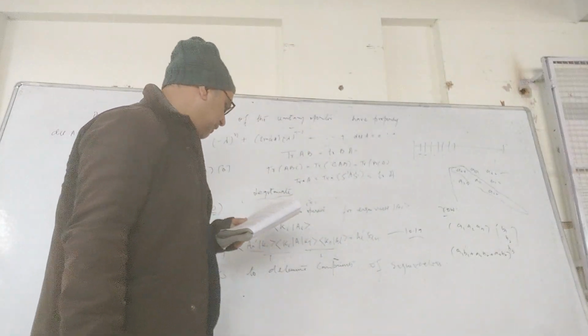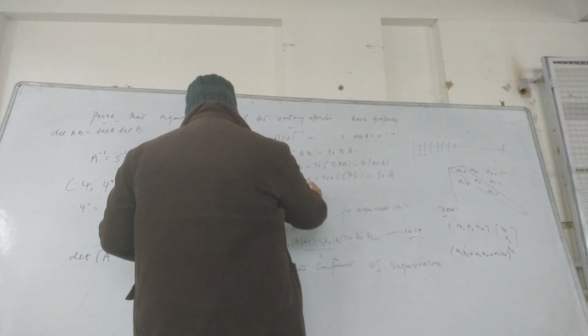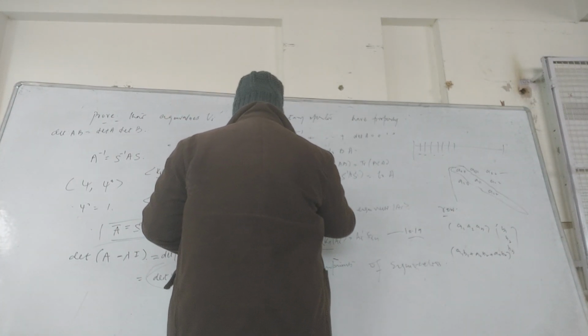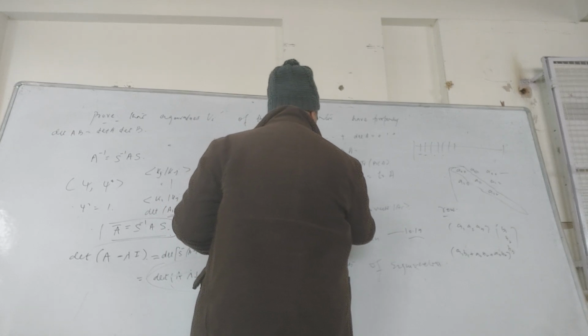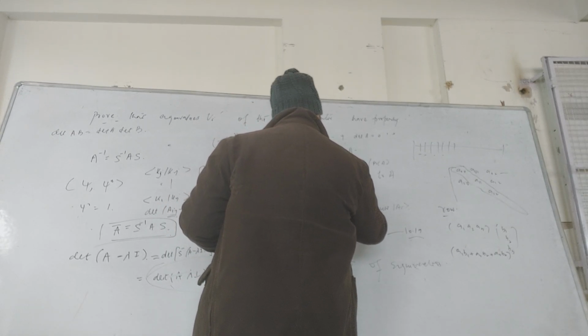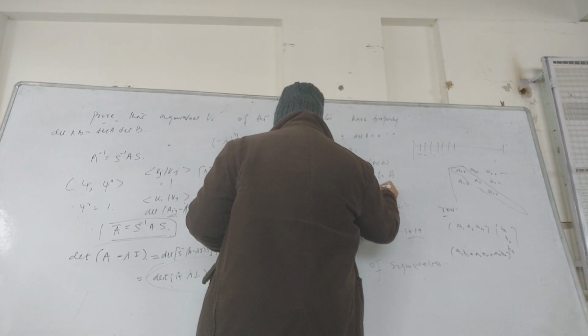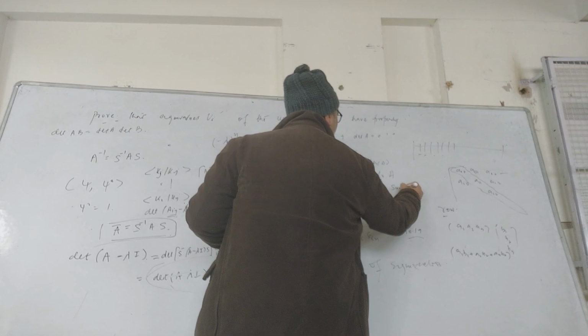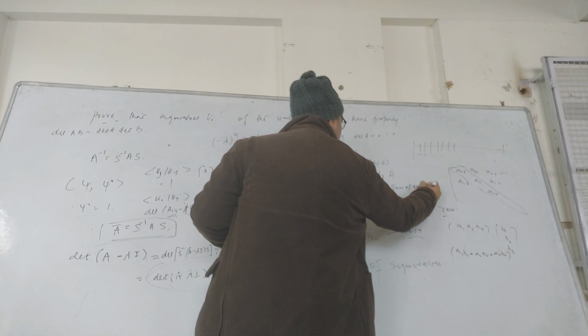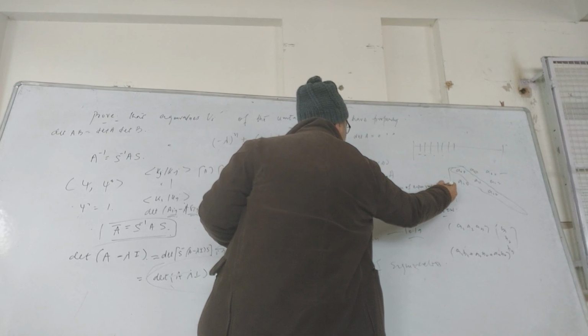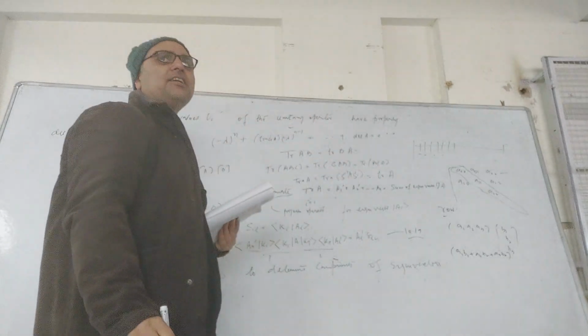If it is that way, we can say that for a normal operator, trace of A is equal to a1 plus a2 plus a_n. So it is sum of eigenvalues of A. This is an eigenvalue problem.